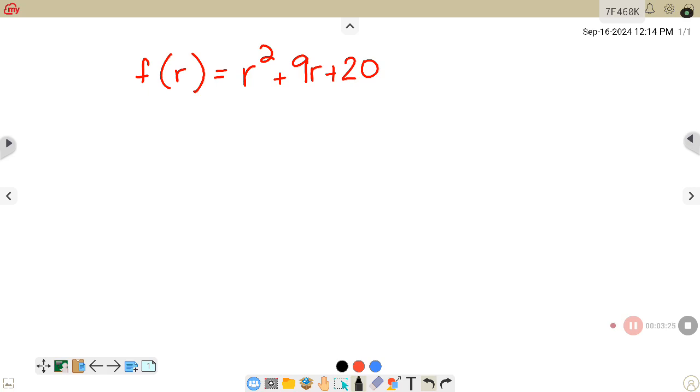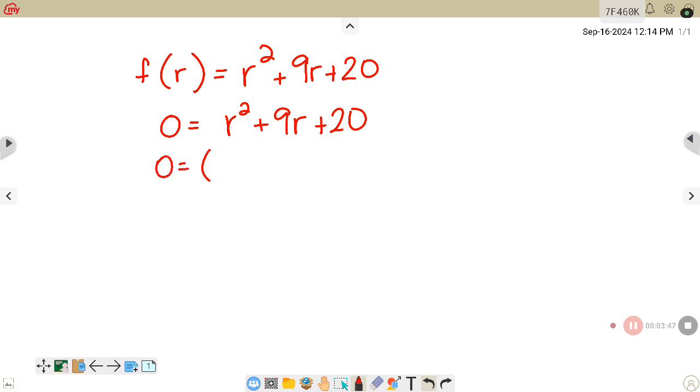We turn the f of x, in this case, it's f of r, what it is, it's what's standing in for the y. So whatever this side is, you're going to make that be a 0 equals r squared plus 9r plus 20. And then we'll see if we can factor this.